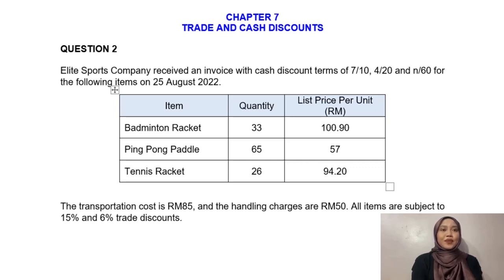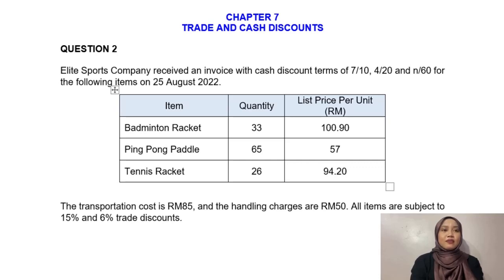Chapter 7 Trade and Cash Discount. Question 2. Elite Sport Company received an invoice with cash discount terms of 7/10, 4/20 and n/60 for the following items on 25 August 2022. There are 3 items listed. The first one is badminton racket with 33 quantity and the list price per unit is RM100.90.